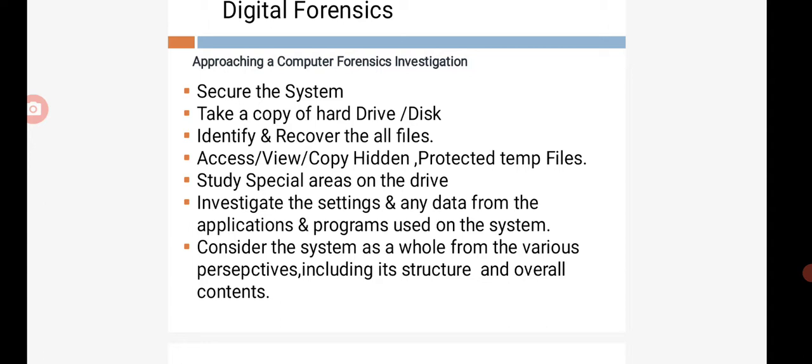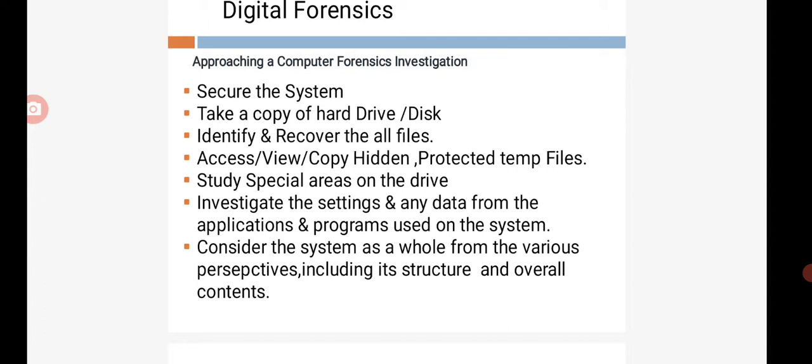Next one is access, view, copy hidden, protected, temporary files. Here we have to view the files hidden by the attacker or the hacker. Study special areas on the drive, the residue from previously deleted files.